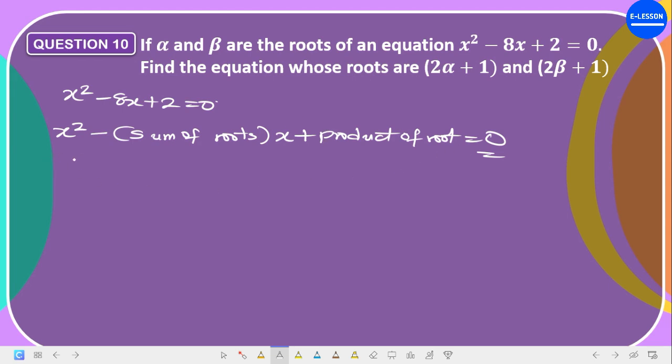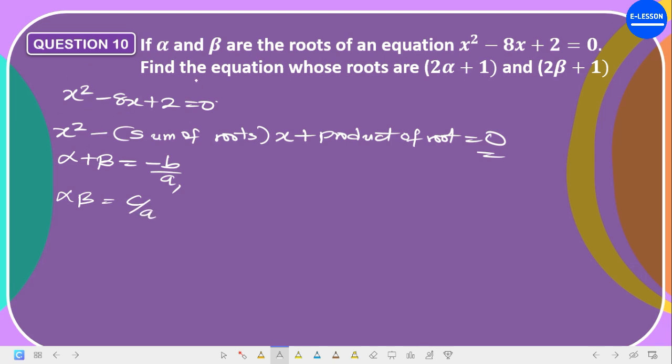Now, before we solve further, note something that you need to know. As time progresses, you get to learn this: alpha plus beta is minus b all over a, and alpha beta is c all over a.